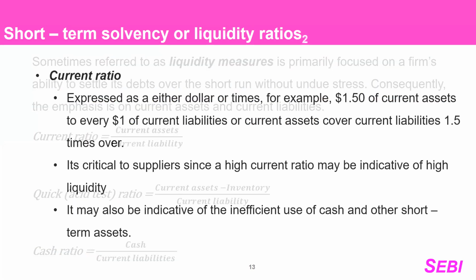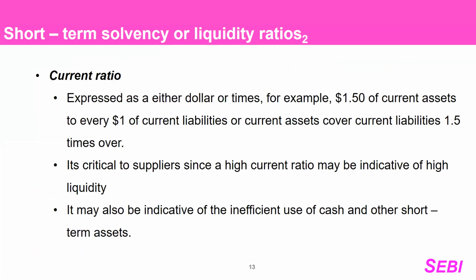Excuse me, sir, when would we use which ratio to find out what? Well, generally, when you are doing an analysis or a review of a firm. Let's say you're an external party, a lender. You're a bank, you ask a company to bring their financials, and you run everything.